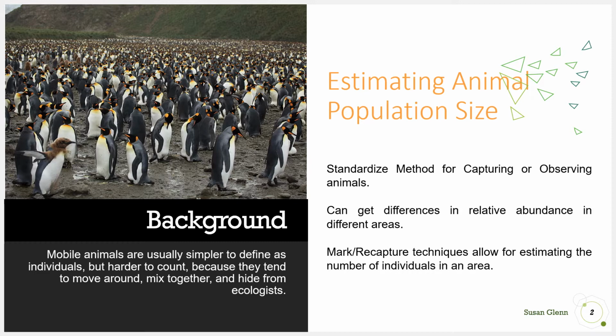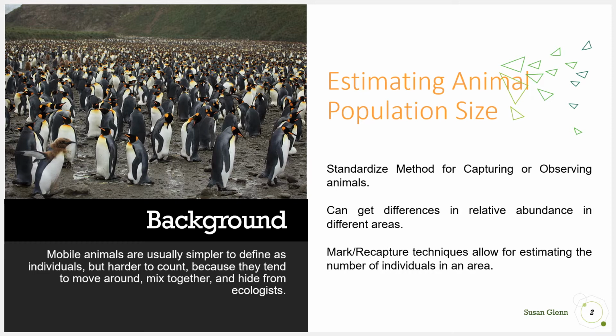Coming up with standardized methods for capturing and observing the animals is going to differ with the different type of animal that you're dealing with. But I can usually at least get some or count some. So I might be outside and I can see three or four butterflies, or I can get my net and catch 10 butterflies. I don't know if I've got all the butterflies. Do I have half the population?